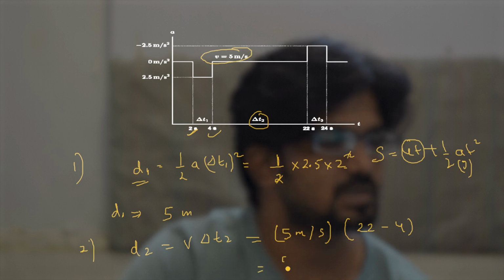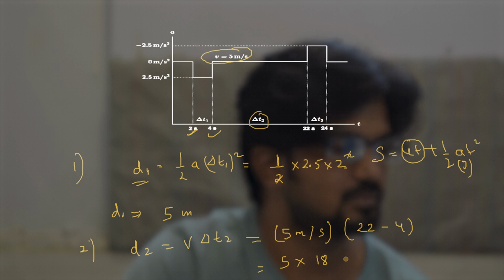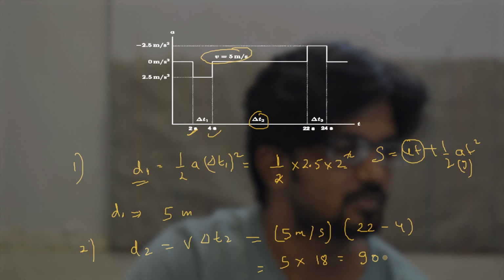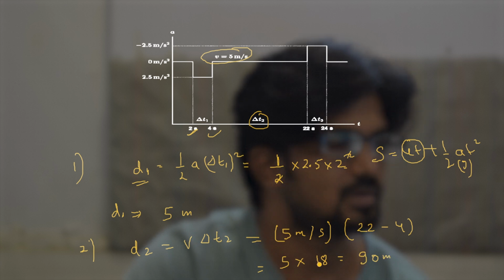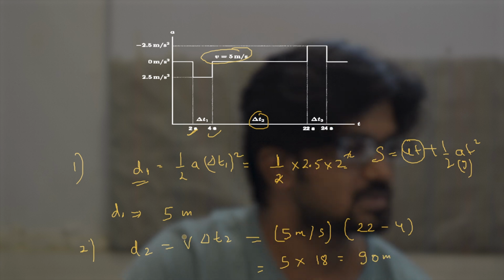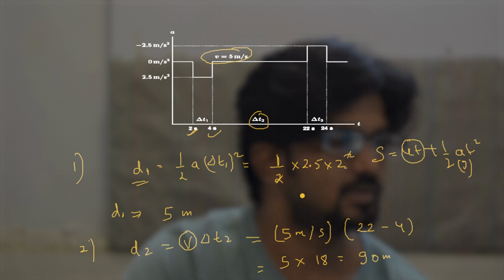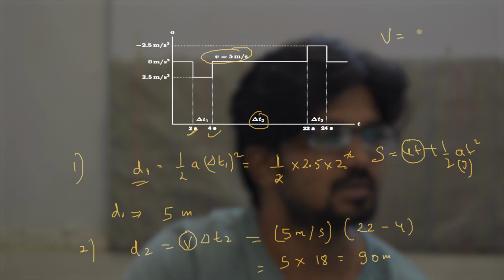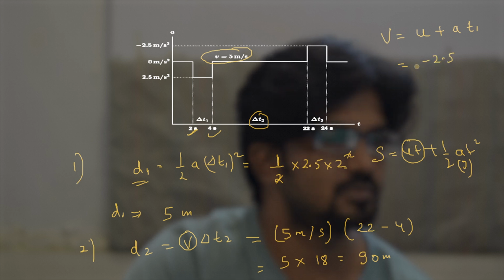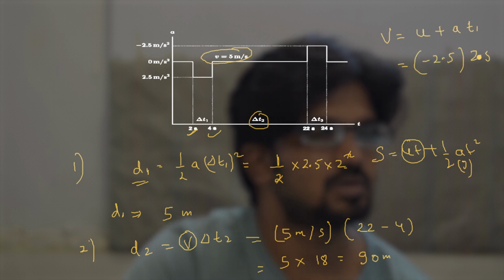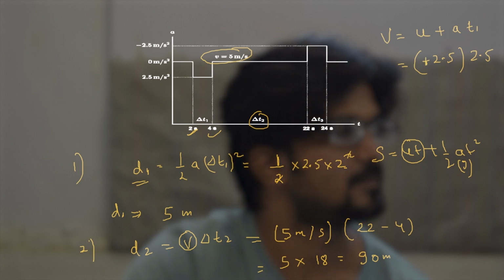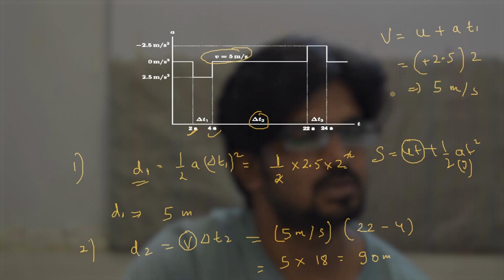So that would be 5 meters per second multiplied by 18, which is 90 meters. How did we get v? v was found by the formula v equals u plus at. u was initially 0 and a was 2.5, multiplied by 2 seconds. You can take the positive value here. So that is 5 meters per second, the velocity.